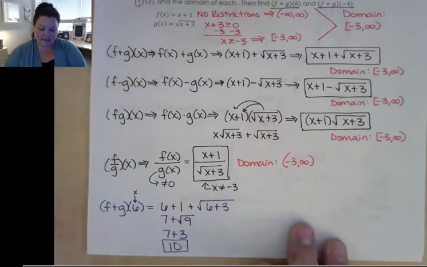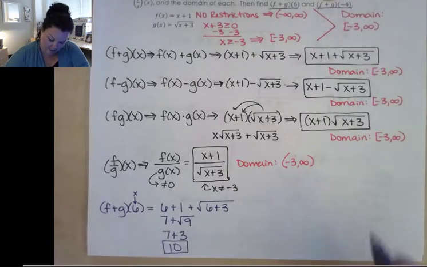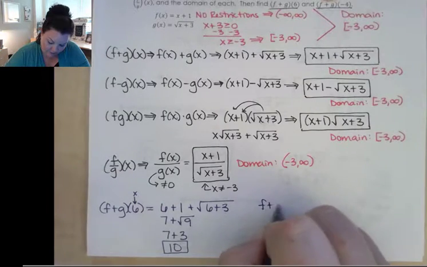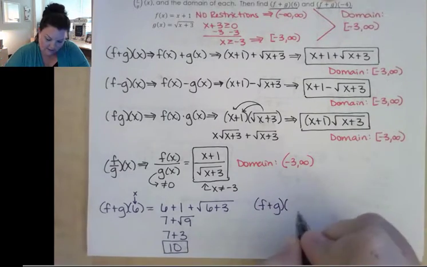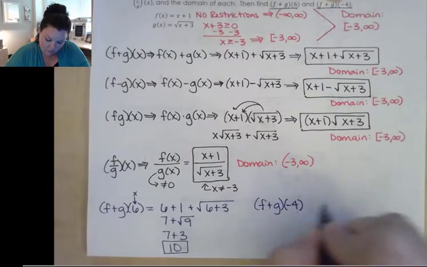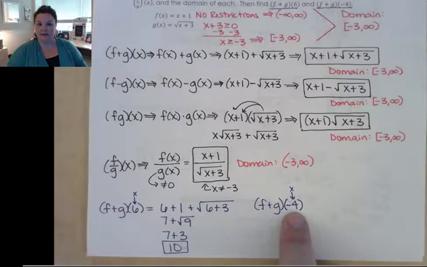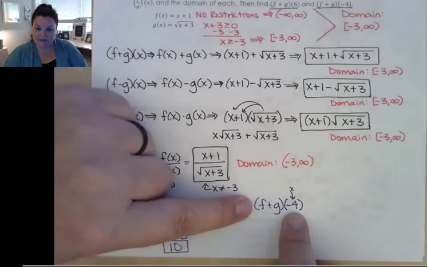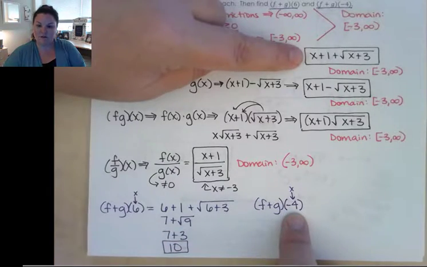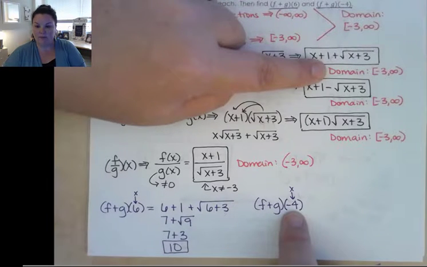Okay. The second one they wanted me to evaluate again was my sum function, f plus g, evaluated at -4. So now this is the x that I have to make sure is in my domain. So when I look at my f plus g function, again, it's this first one we came up with, is -4 within its domain? It's not, right?